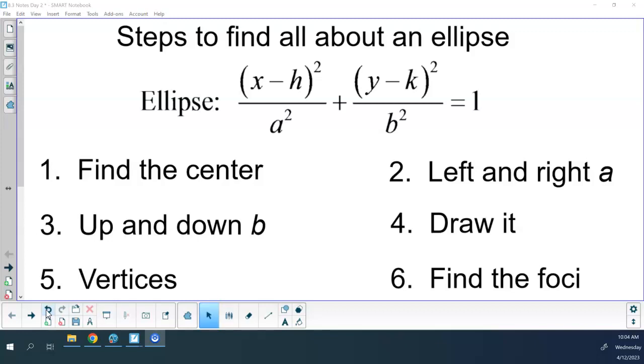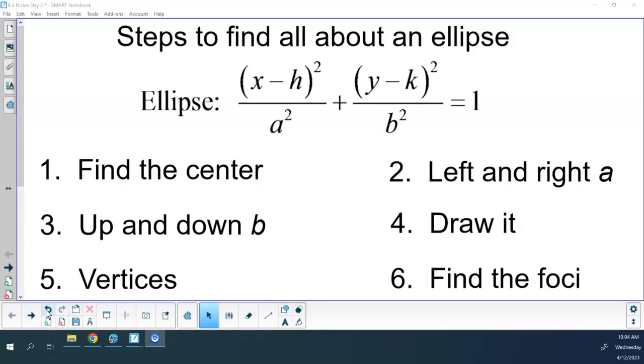On your supplemental note sheet from the notes from Monday. When we're graphing an ellipse, the first thing that we need to locate or identify is the center.